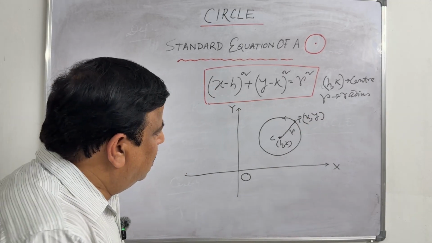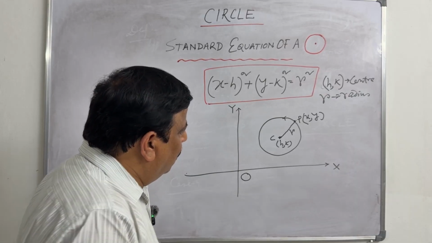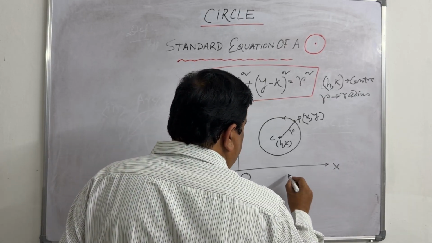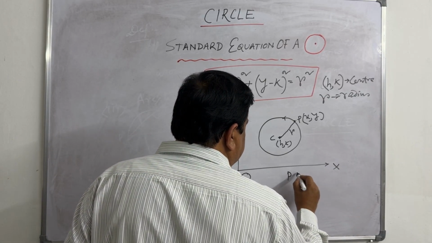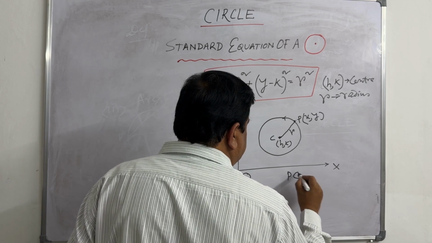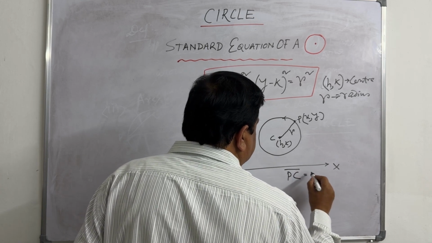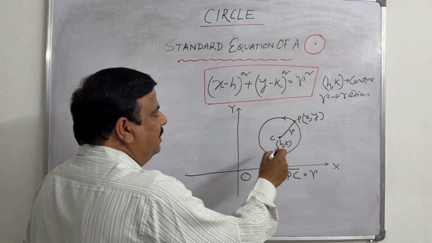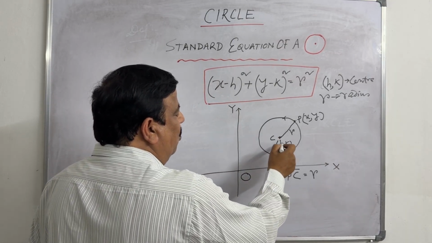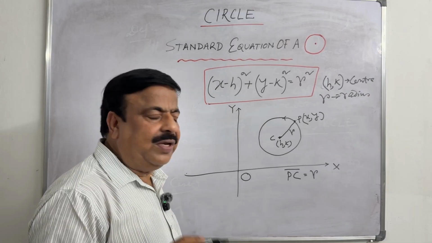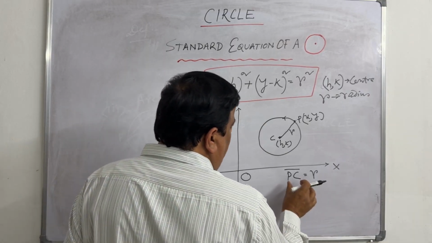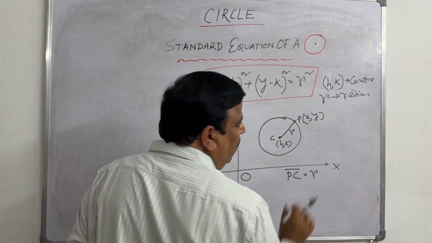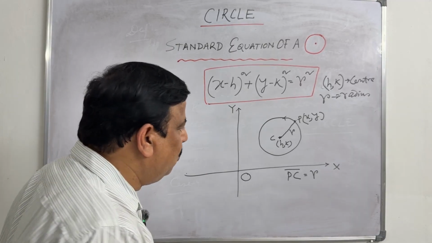Okay, so given is what? The distance between P and C, that is r. Here h, k is the coordinate of the center C, that is given, and also given is PC is equal to r. So use the distance formula.